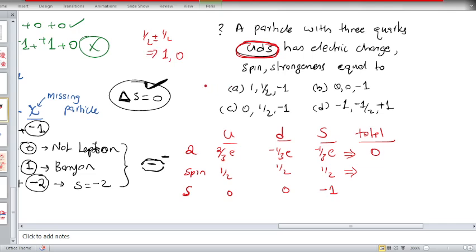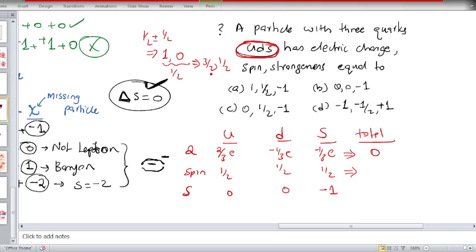Then you have one more 1 by 2. When you add it to the 1 and 0, you get 1 plus 1 by 2 is 3 by 2, and 0 plus 1 by 2 is 1 by 2.